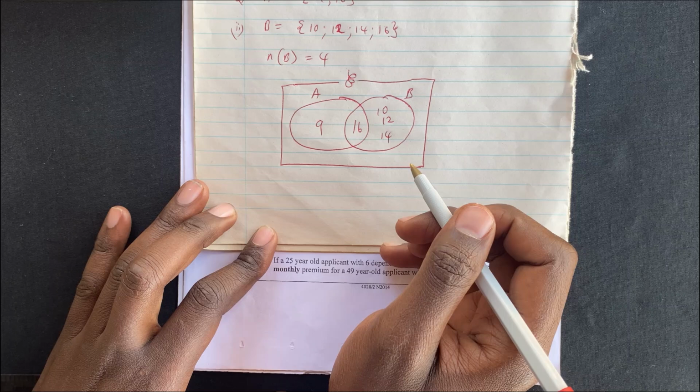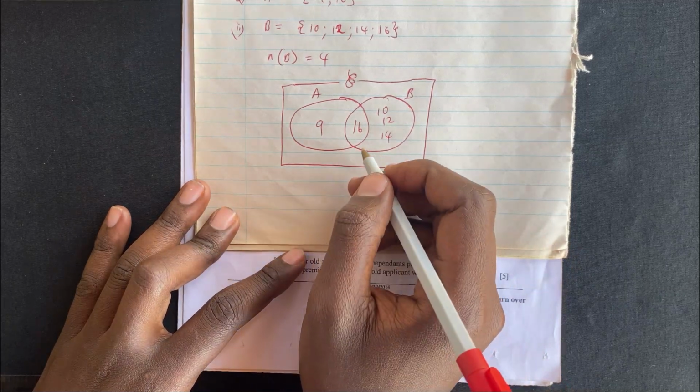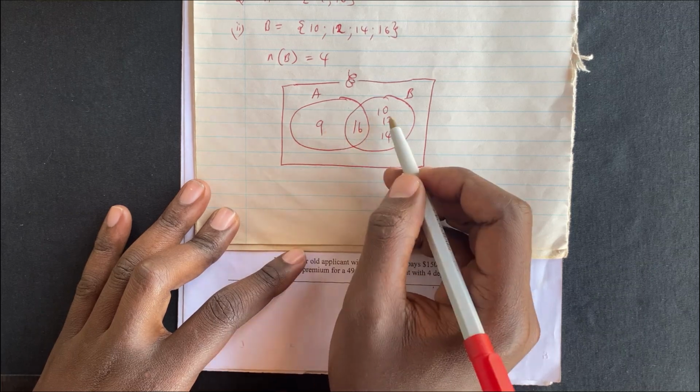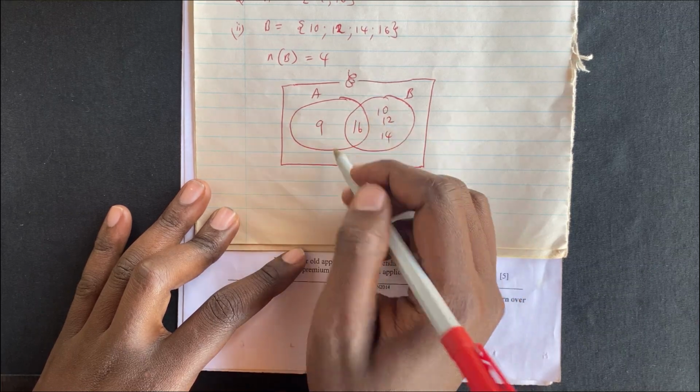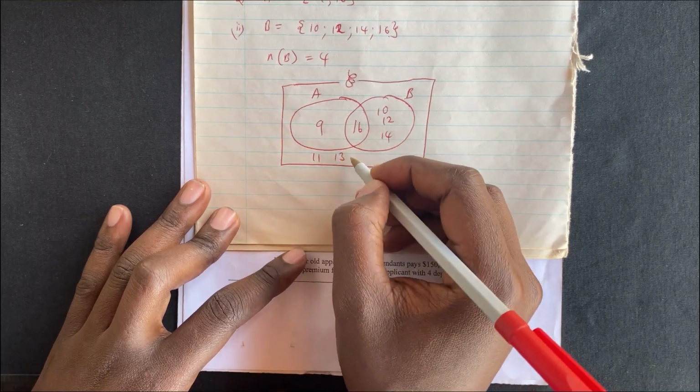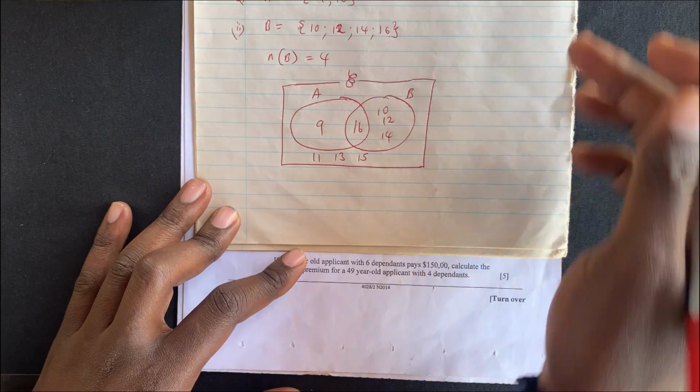And from our range in the universal set, because our range starts from 9 up to 16, we have 9, 10, so 11 is not included, I'm going to put it outside, and also 13 and also 15. So this is our Venn diagram.